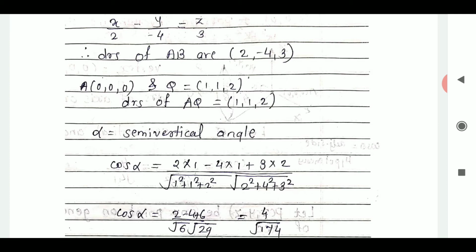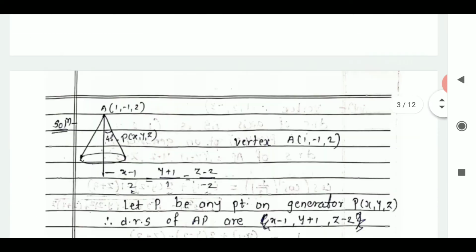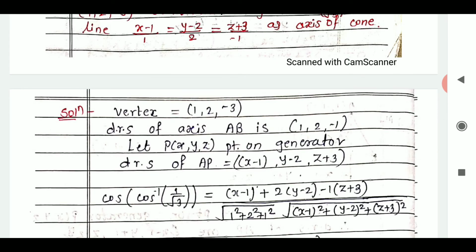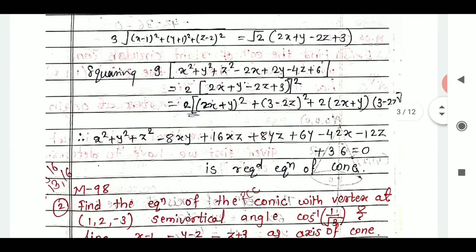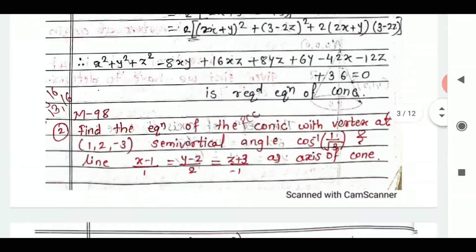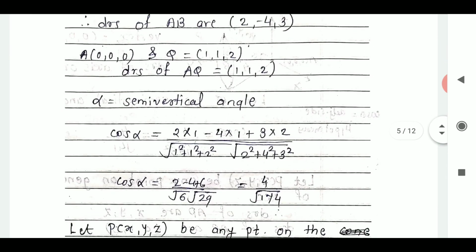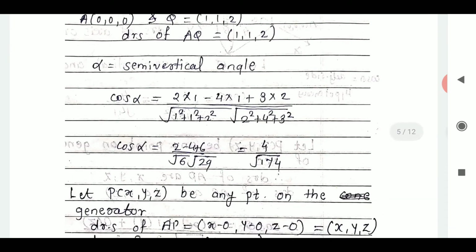Alpha is the semi-vertical angle, therefore cos theta is equal to A1A2 + B1B2 + C1C2 upon root of A1² + B1² + C1² into root of A2² + B2² + C2². Now substitute all the values and find the angle alpha.